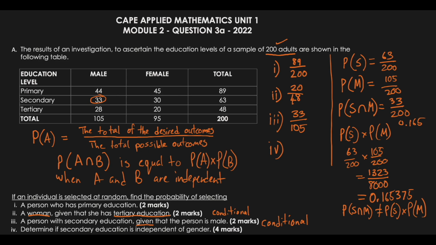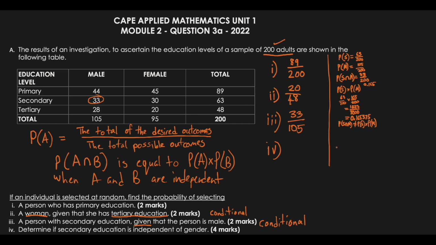Now let's check it out for the females. So using the same situations, we say that secondary education is 63 over 200. So in this context, the probability of females would be 95 over 200. And the probability of selecting a female that has secondary education would be 30 out of 200. So therefore, we need to multiply S and F, the probability of those two, to see if we get 30 over 200.